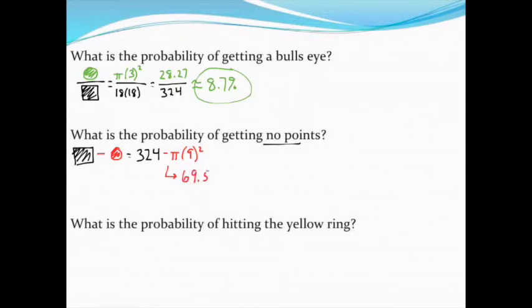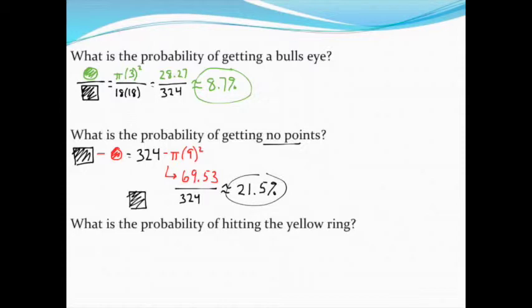Recall what we're trying to do is figure out the probability that I land there. So that's the area I want to land in, out of the total area of this figure, which is still that square dartboard shape. So my total area is still 324. Once again, dividing those and changing my answer to a percentage, I see the probability of getting no points is about 21.5%, so much higher than the probability of getting a bullseye.